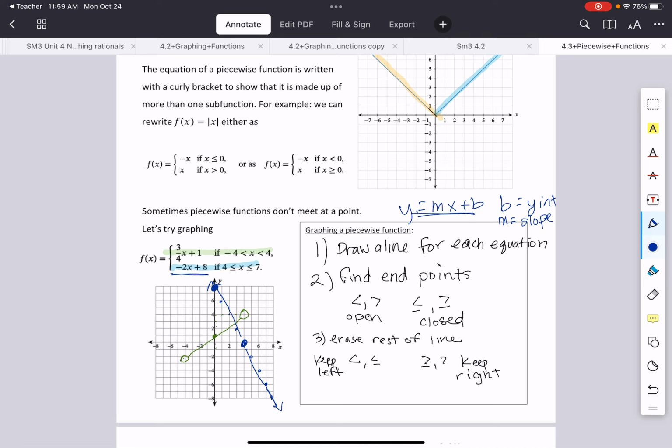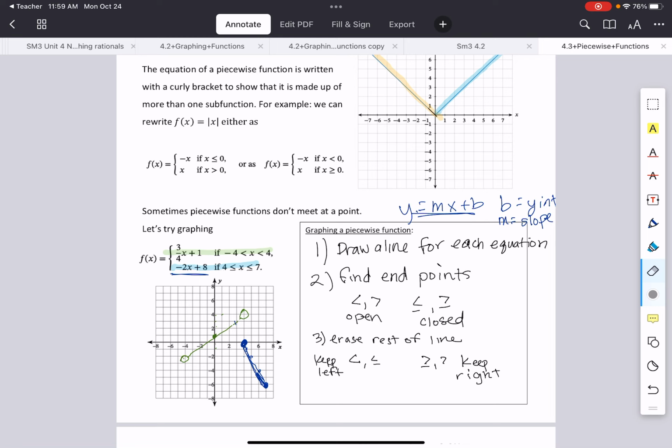Fantastic. And 7 is a closed circle. Okay, so our graph is in between 4 and 7. That means we can erase everything else. Step 3, erase everything else.